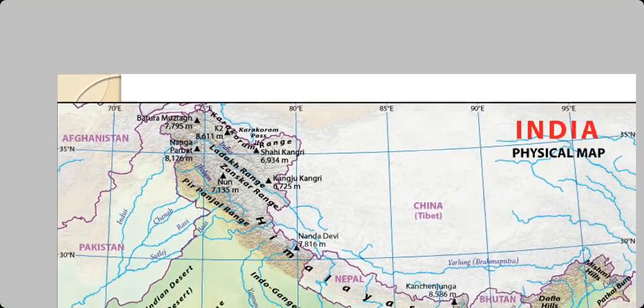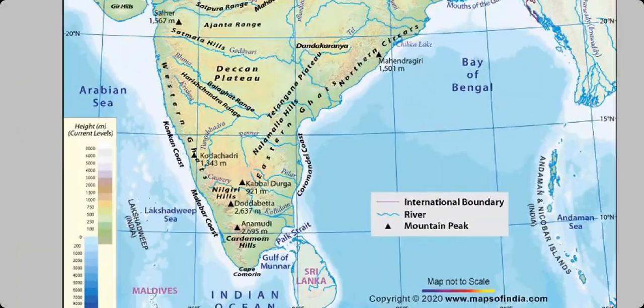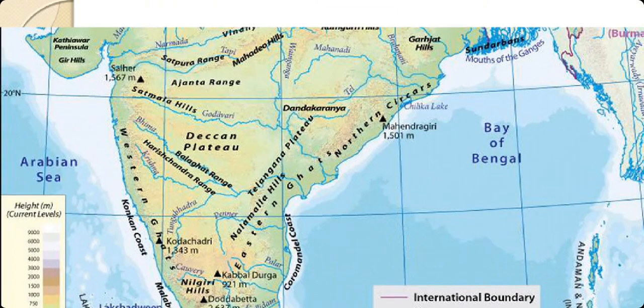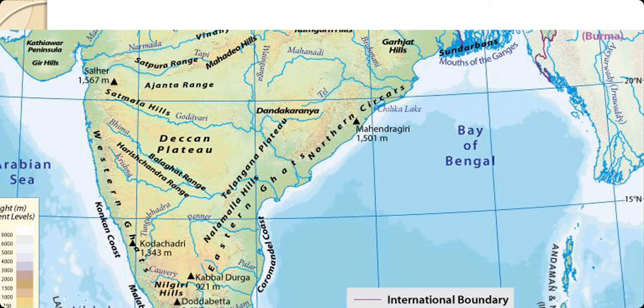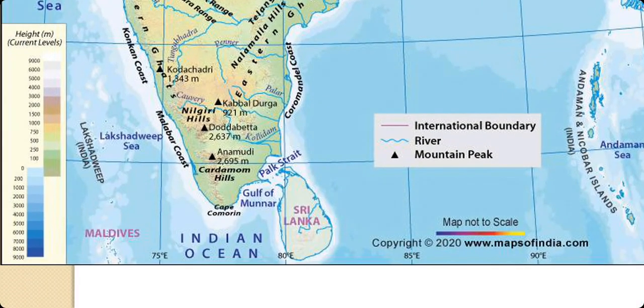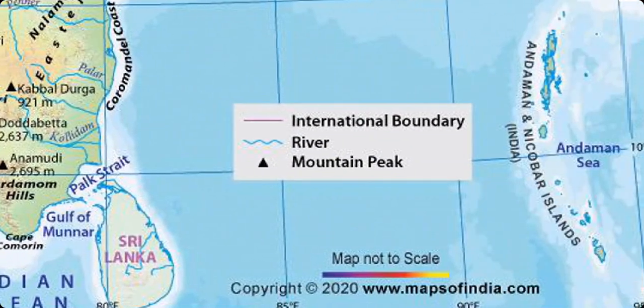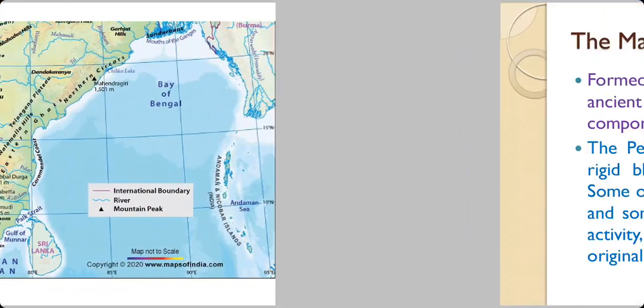We'll be studying each of these in detail. Similarly, the southern block, we have the plateau, and we have the Western Ghats and the western coast, that is the western coastal plains, and we have the eastern coastal plains. And we'll be studying about the islands Lakshadweep and Andaman and Nicobar Islands.